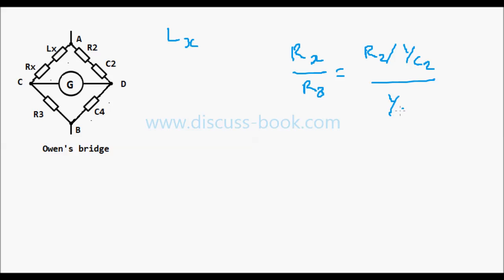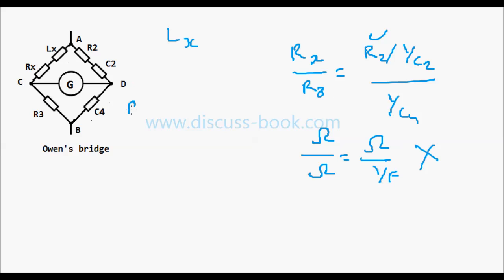Now this is the Owen bridge. This is also used to measure the value of the unknown inductance Lx. So before writing the equation for this circuit, in order to write the equation for Rx, here you will take Rx and R3, but here you can also take R2 or 1 by C2 and 1 by C4. If you take R2, then this equation will be ohm divided by ohm is equal to ohm divided by 1 by Farad, which doesn't work.